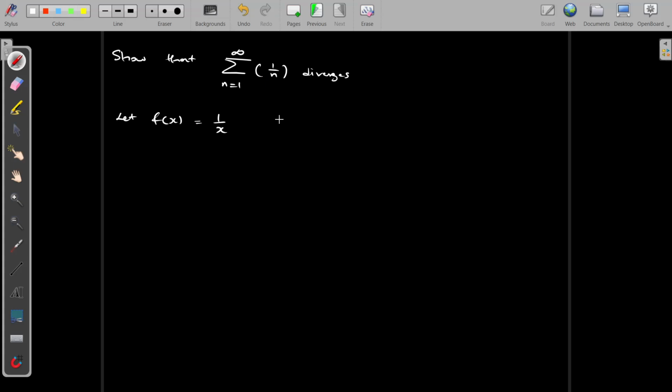So this is our function, and we need to show that integrating this from 1 to infinity of this particular function with respect to x. So this would be the integral from 1 to infinity of 1 over x, because we changed our n to x, and integrating this would just be infinity.